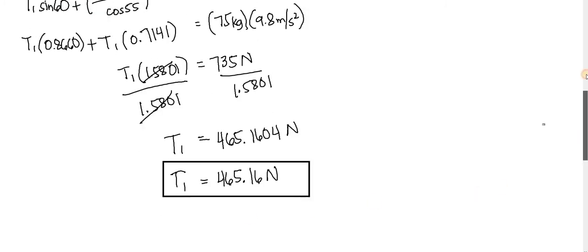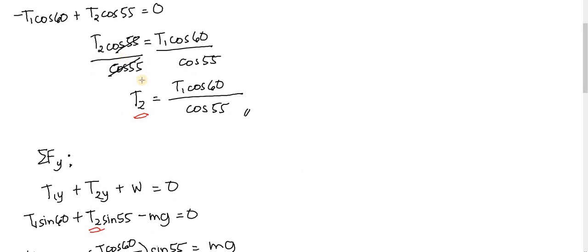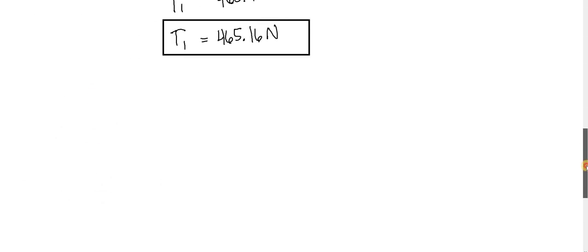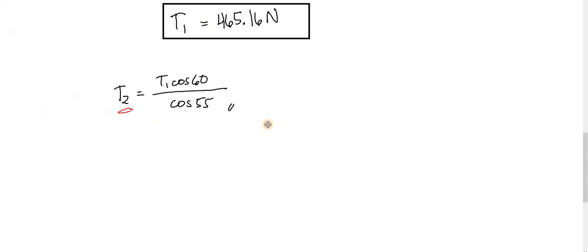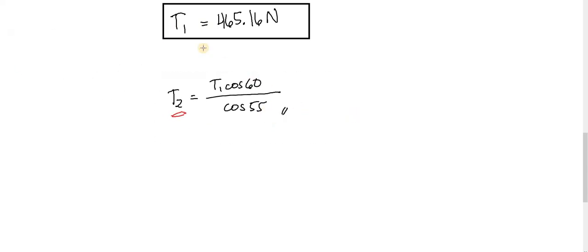For tension 2, let's get the equation we got a while ago for the summation of x, and substitute the value of T1. T2 will be 465.16 Newton multiplied by cosine of 60 over cosine of 55.